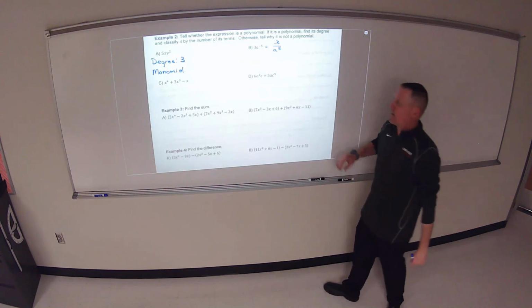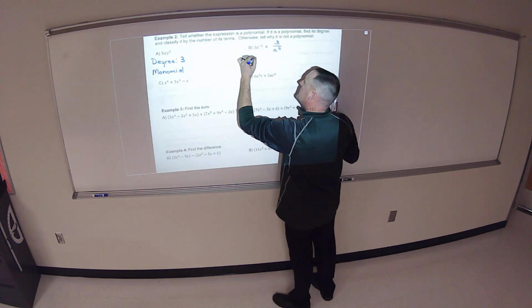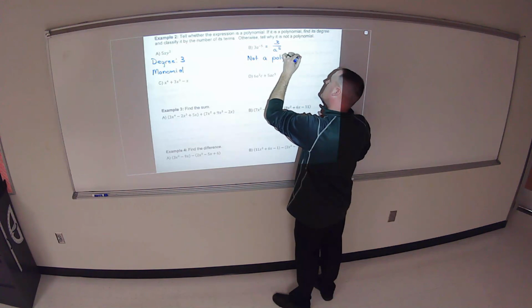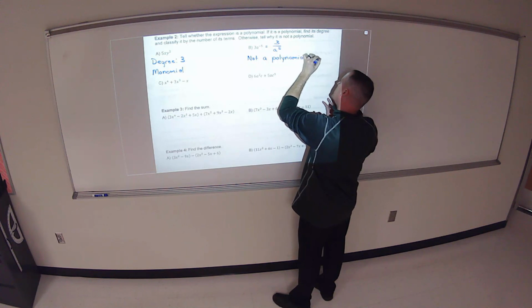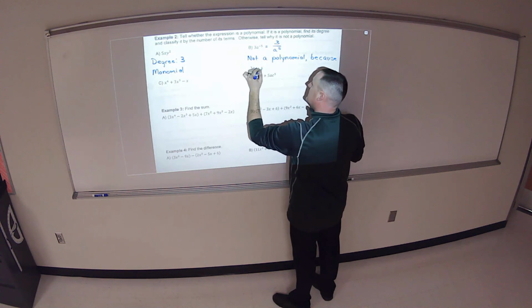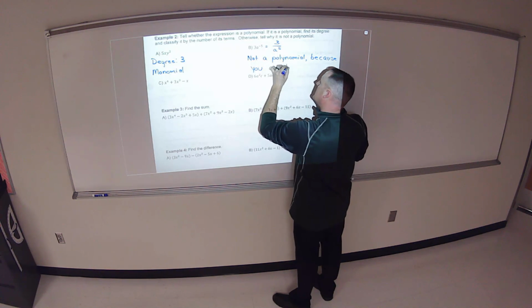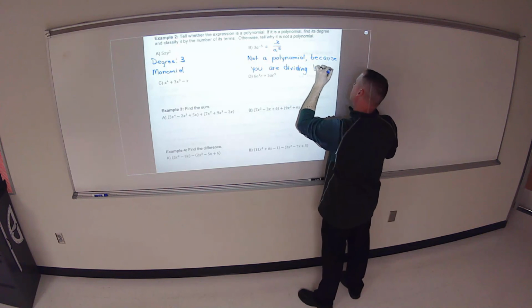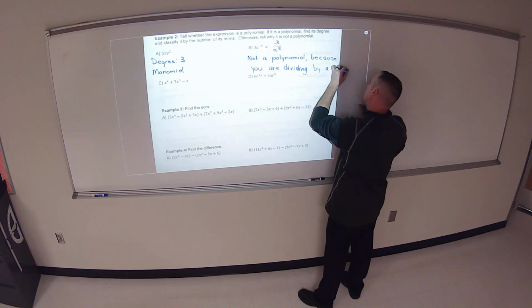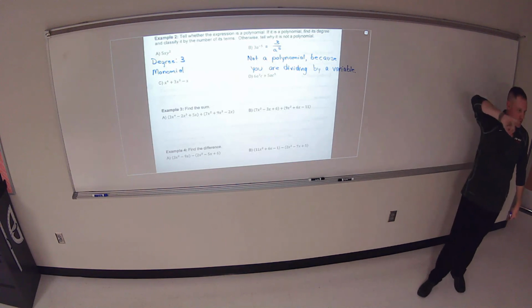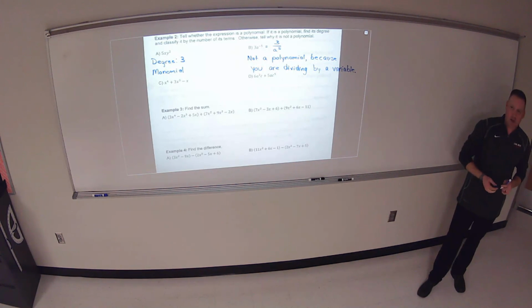This is not a polynomial, because you are dividing by a variable. You can divide by a whole number. We talked about that. That's the difference between a over 2 and 2 over a. But if you're dividing by a variable, you are not talking about a polynomial.